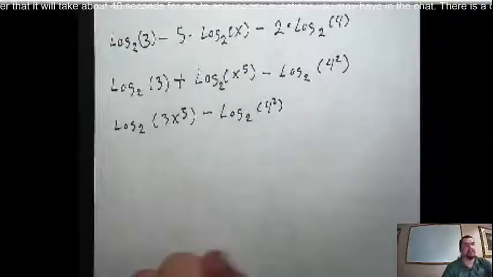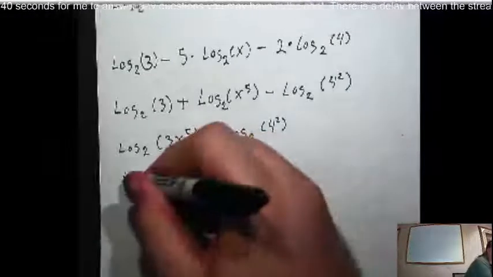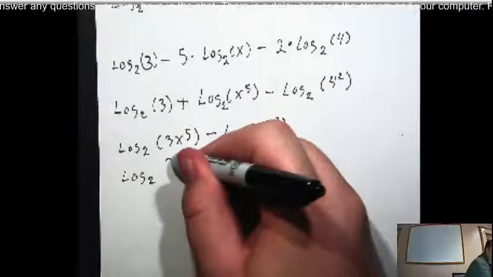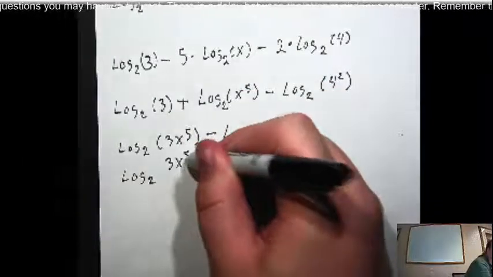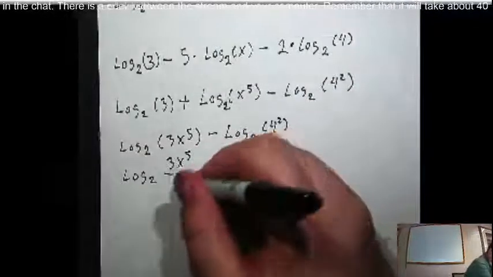And then we have minus here, so we can use our quotient rule and make this log base 2 of 3x to the 5th over 4 to the 2nd, which I'm going to go ahead and say is 16.